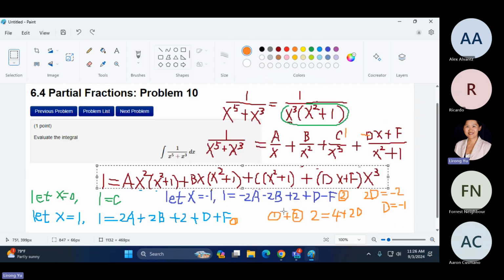What happened to the other calculation? And adding these two. So this calculation was wrong. X equals negative 1.